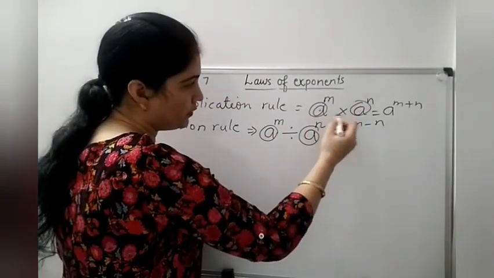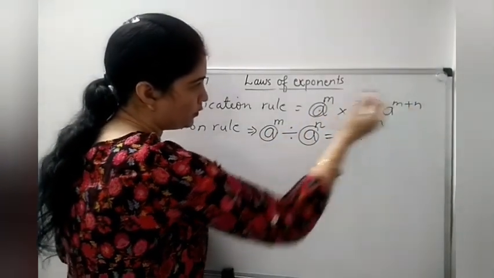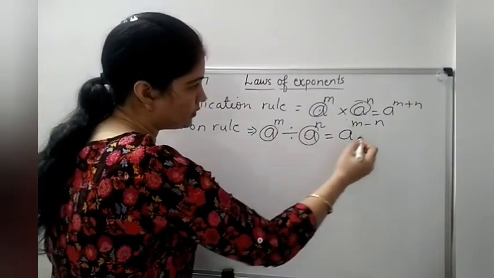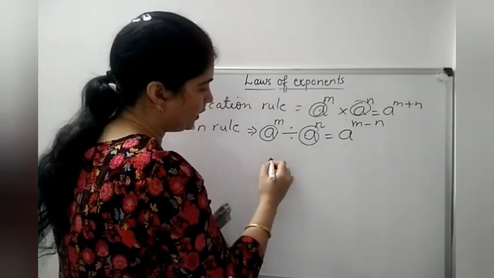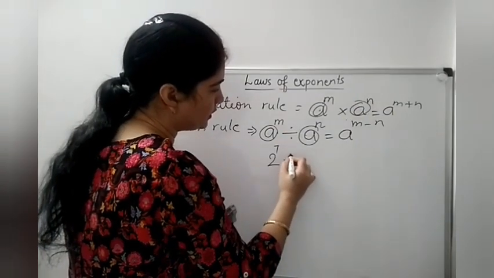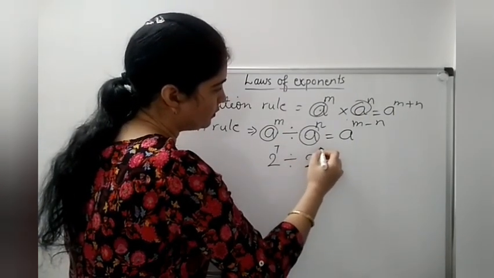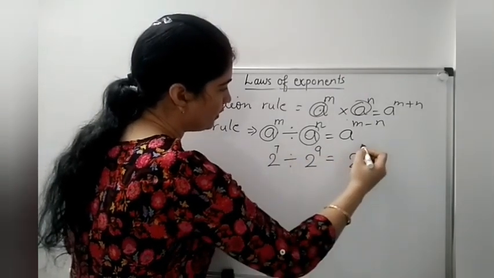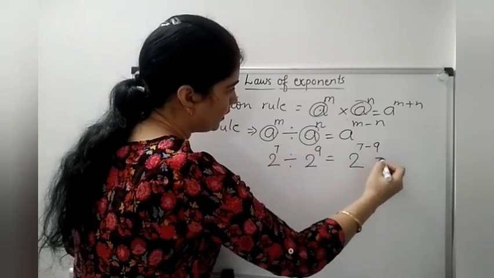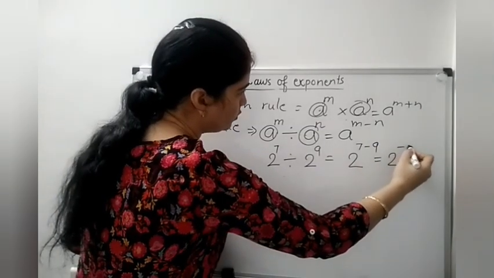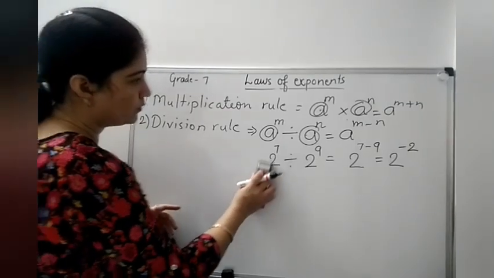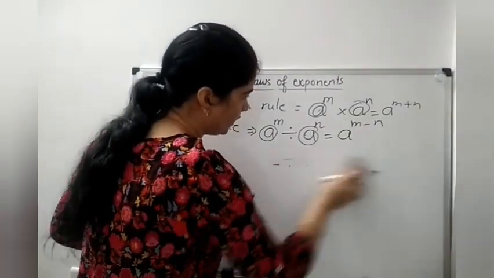If bases are the same and there is a multiplication sign, exponents will be added. If bases are the same and there is a division sign, exponents will be subtracted. Here is an example: 2 raised to the power 7 divided by 2 raised to the power 9. According to this rule, as the bases are the same, the exponents will be subtracted, so it will give me 2 raised to the power minus 2 as the answer. I hope this rule is also clear.